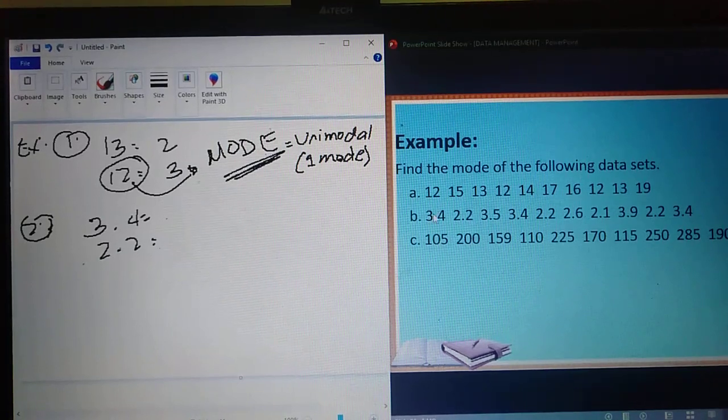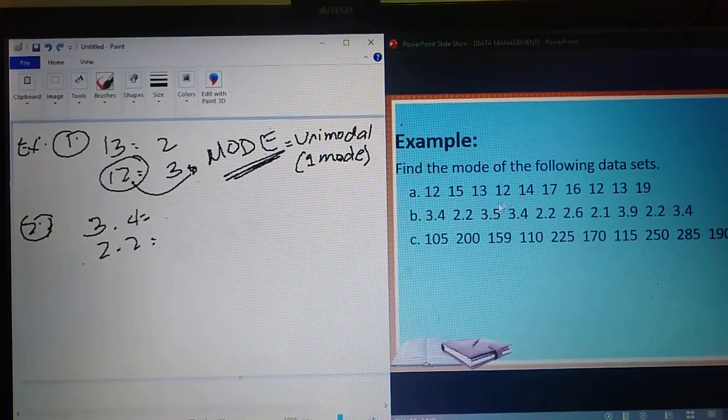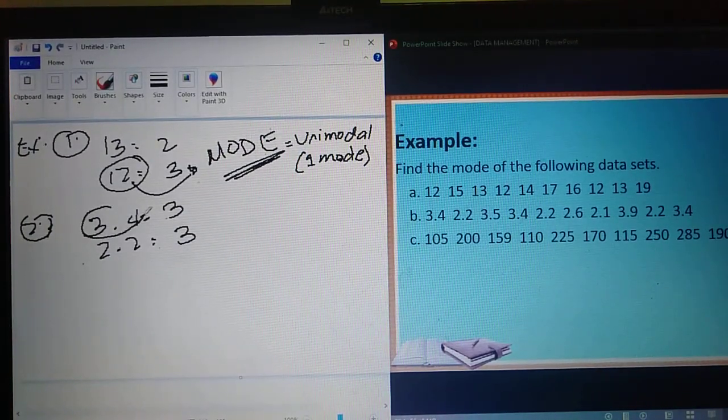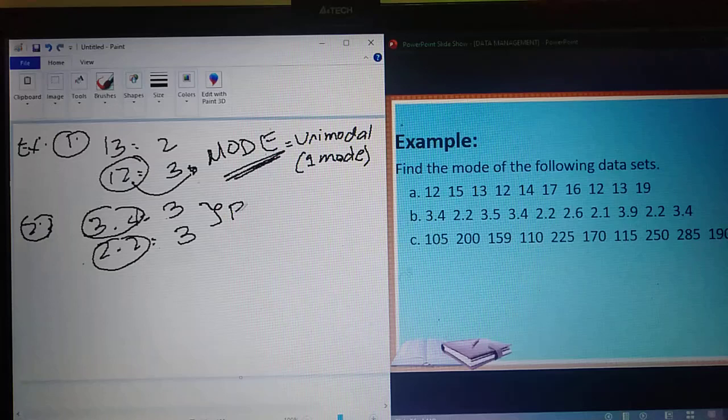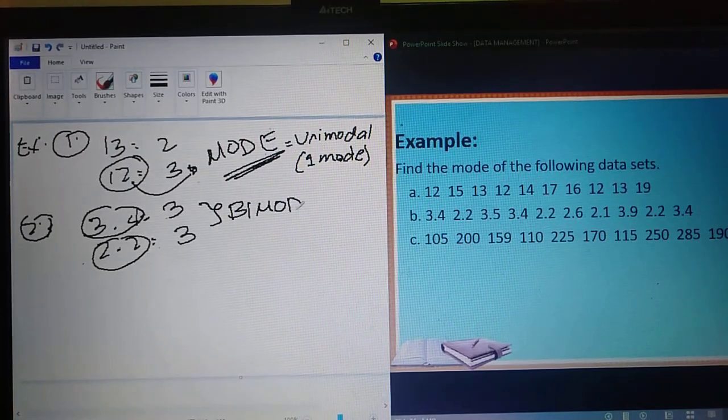Ilang beses na ulit sa 3.4? We have 1, 2, 3. 3 times. Si 2.2, we have 1, 2, 3 times din. So, since dalawa silang naulit na mas marami, sila yung mode. It's 3.4 and 2.2. Ang tawag dito ay bimodal. Bimodal ang tawag sa kanila.